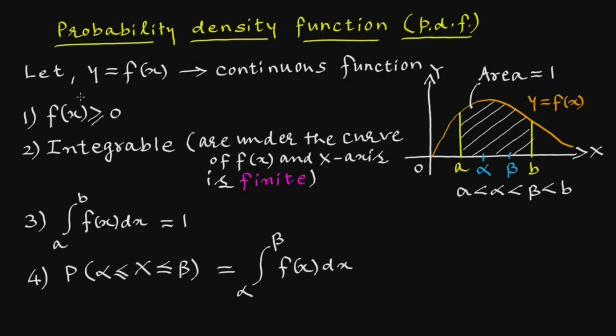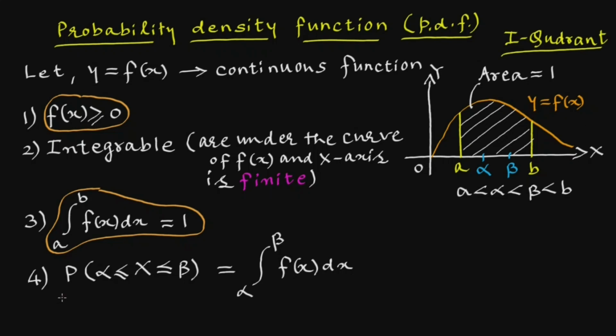Since the function is positive and the value of the integral is 1, the curve of the function is always in the first quadrant. This probability density function and its integral represent the area under the curve y = f(x), the x-axis, and the ordinates alpha and beta. So this is the area that represents the probability.